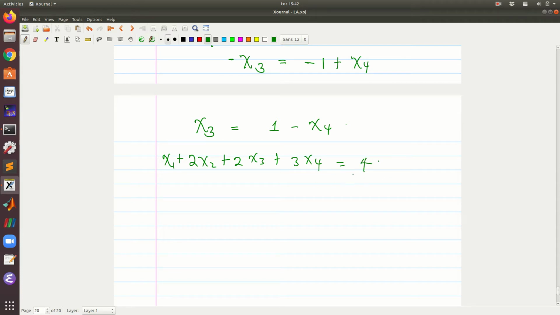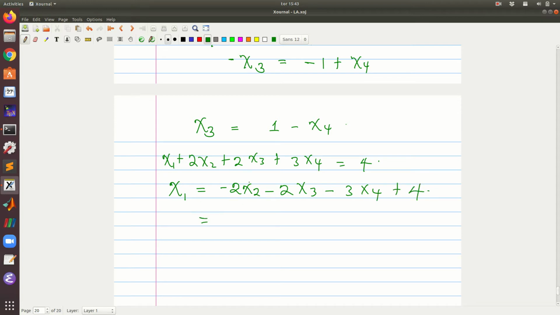And when we have that, remember we said x1 is basic, so we can first say x1 equals minus 2x2 minus 2x3 minus 3x4 plus 4.